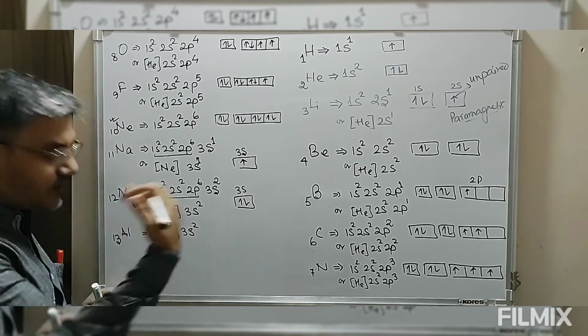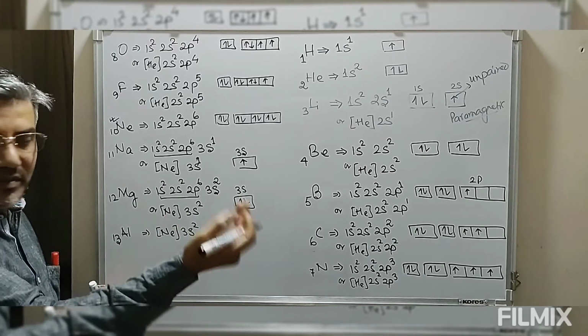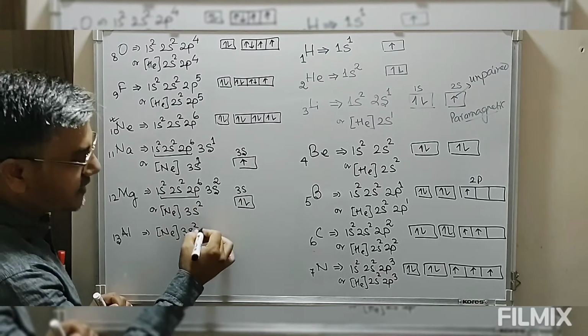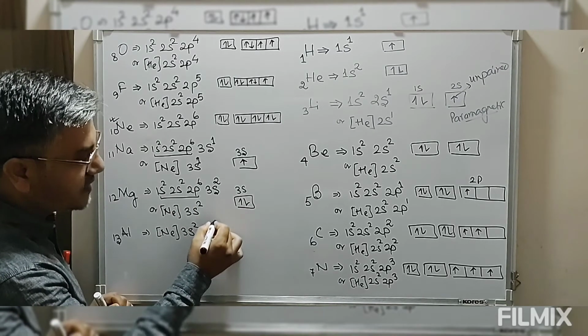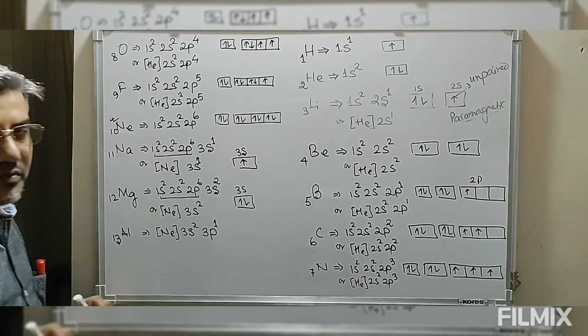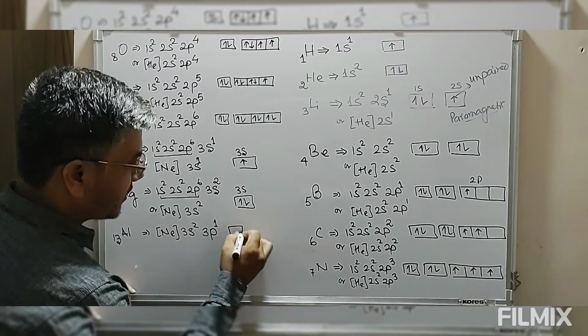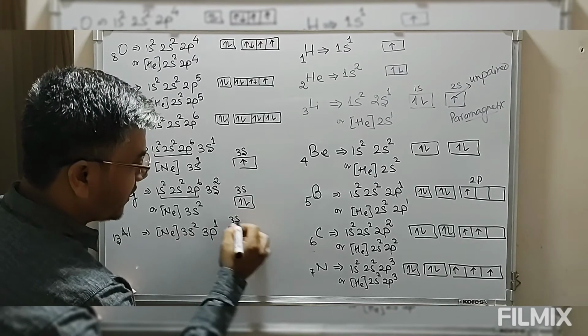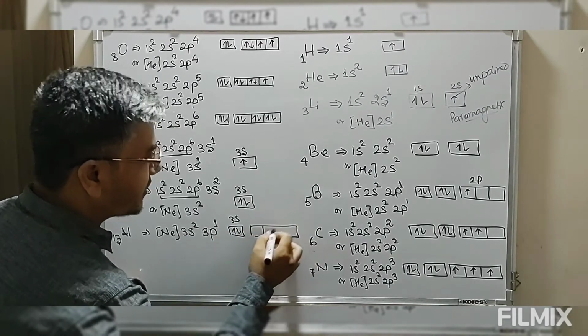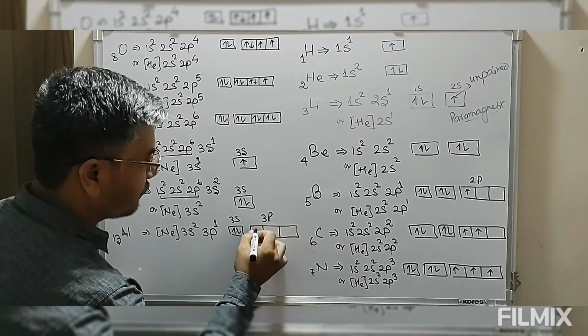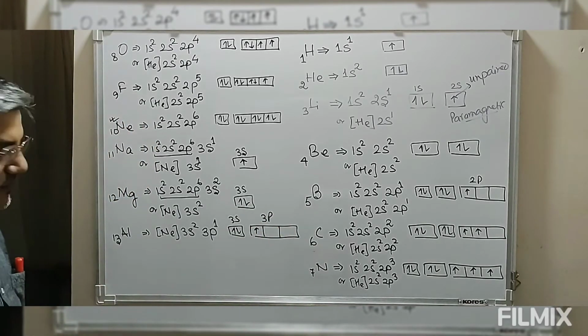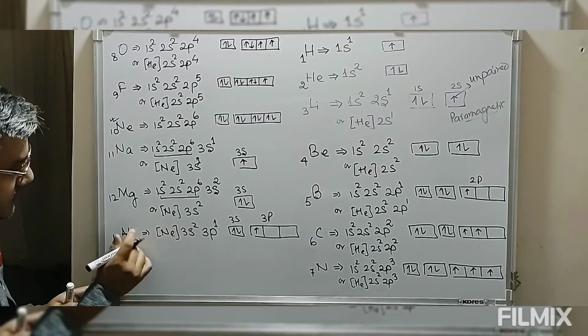Then the 13th electron should enter the next orbital. After 3s, the next orbital is 3p. So we place the 13th electron in the 3p orbital. This is the valency shell, this is 3s and this is 3p. We have 1 electron.